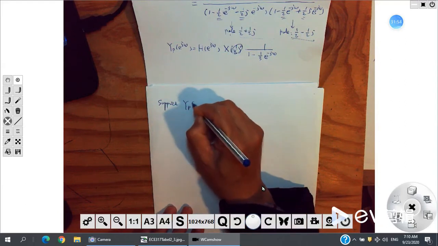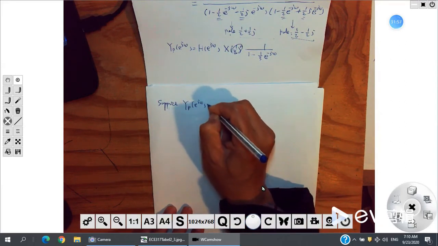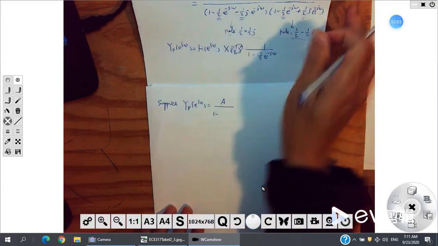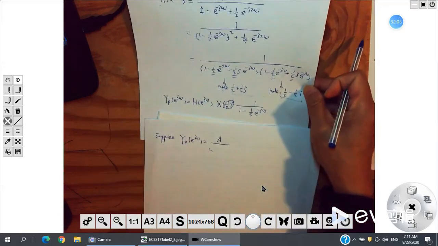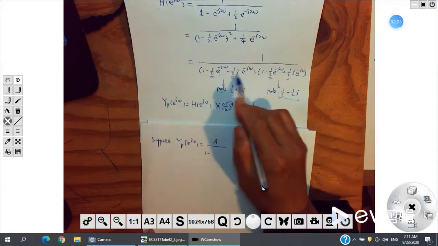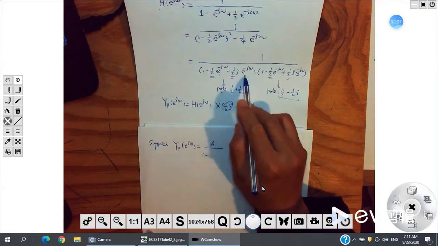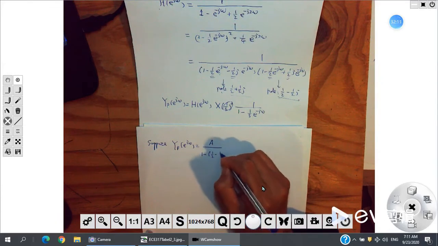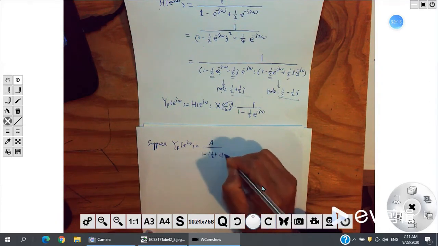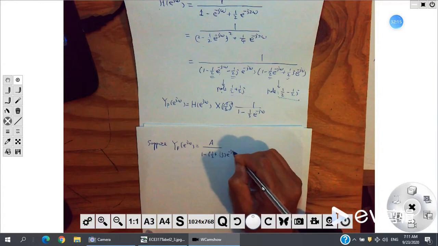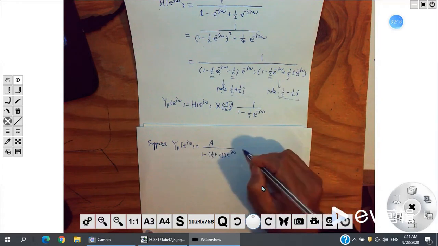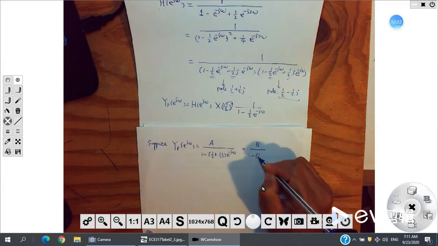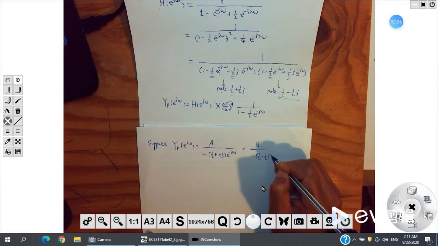Y equal to a over 1 minus 1/2 plus 1/2 j times e to the negative j omega, and the second term is b over 1 minus 1/2 minus 1/2 j times e to the negative j omega.